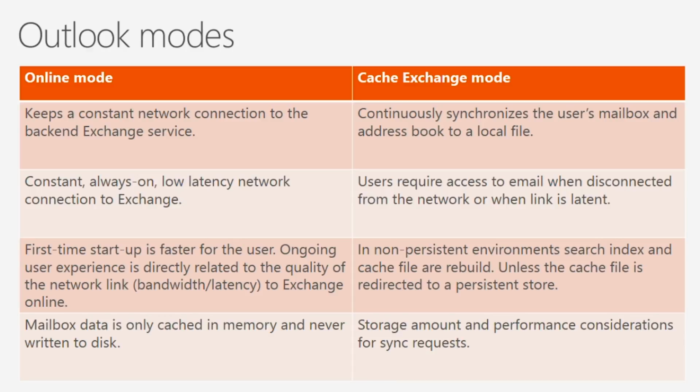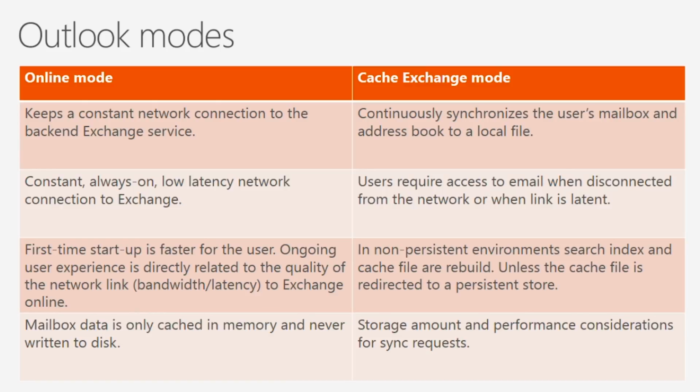Because it's online, the data is only being executed in memory. There's no offline storage. Conversely, with cached Exchange mode, we have an offline store. Outlook can communicate with Exchange, take that information offline into an OST file, and also have an offline address book.